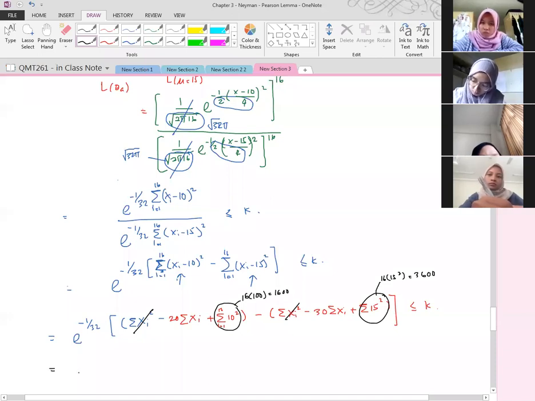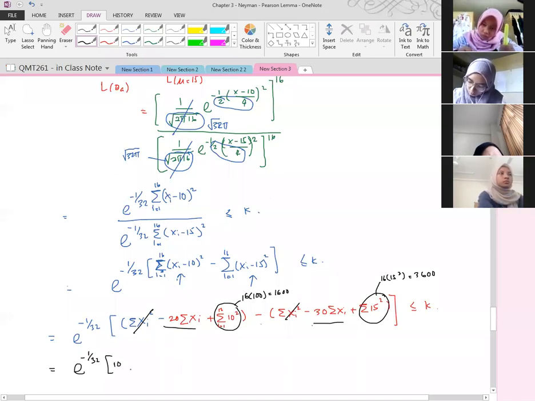Once we simplify this equation, negative 1 over 32 becomes negative 20 plus 30, which is 10 summation of xi, minus 1600 minus 3600, which is negative 2000, less than or equal to k.